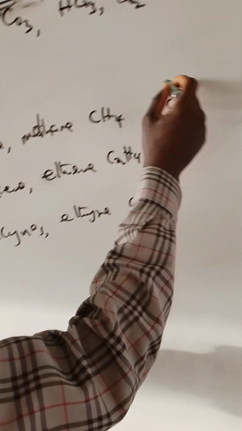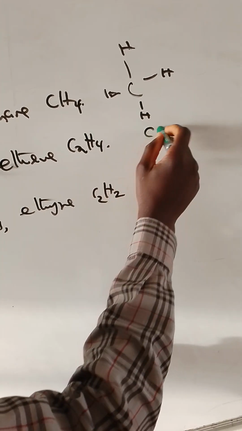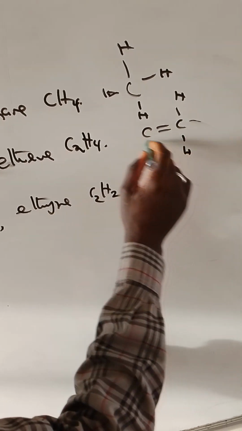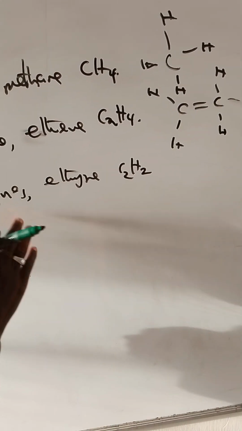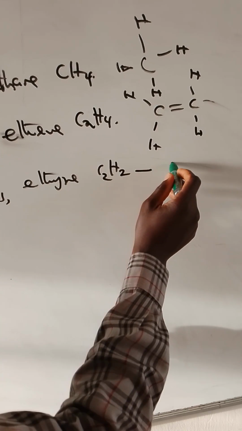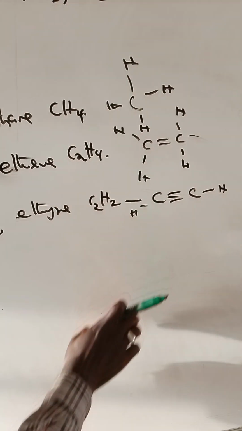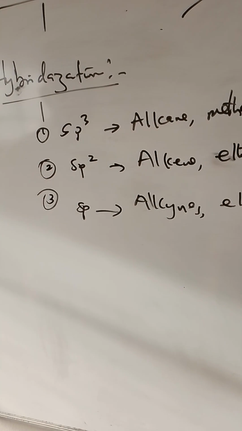And this is the structural formula of it: H, H, H, H, and this one is C double bonded. We also have this, which is C triple bond, H, H. This is a functional group. This is the condensed or molecular formula, and this is the name, and this is the family to which it specifically belongs.